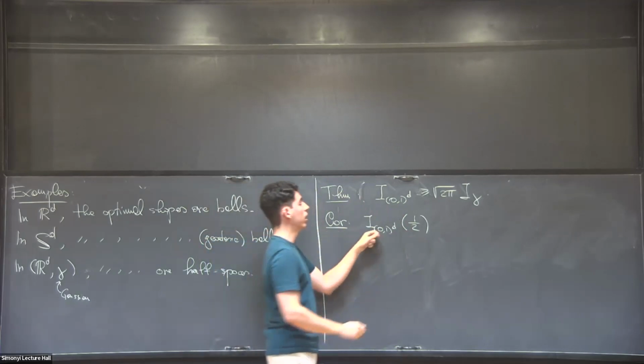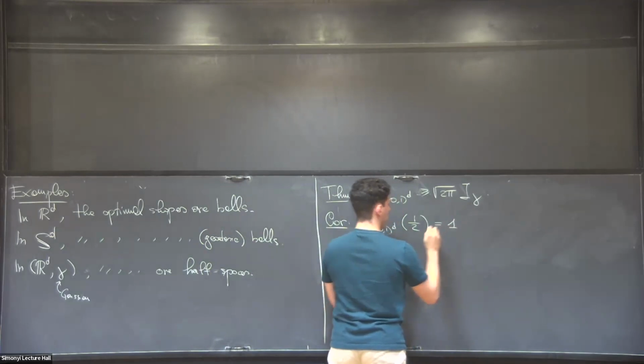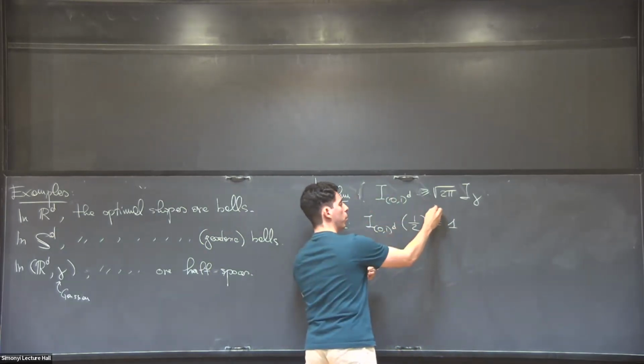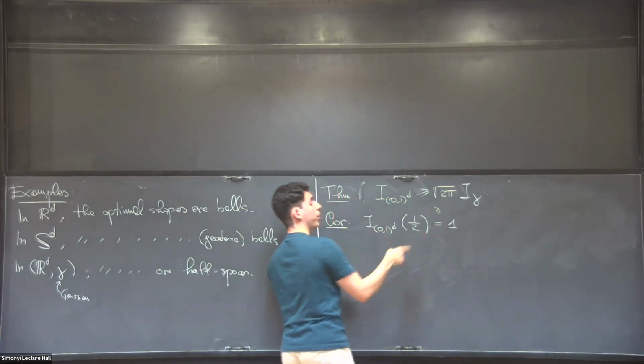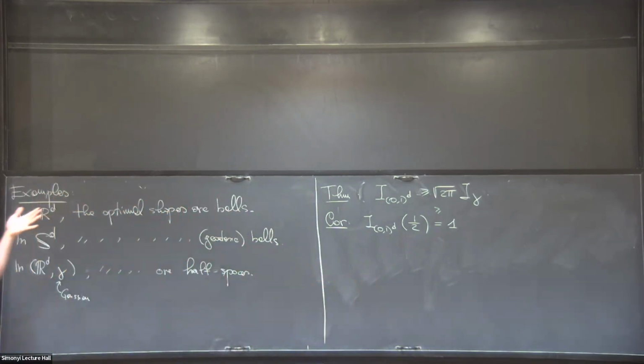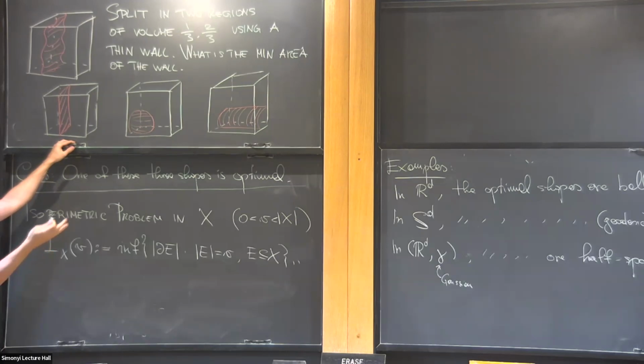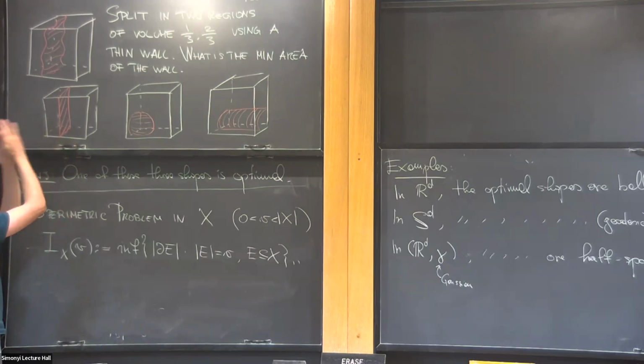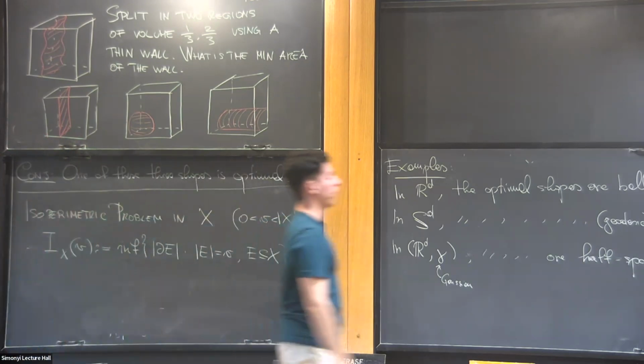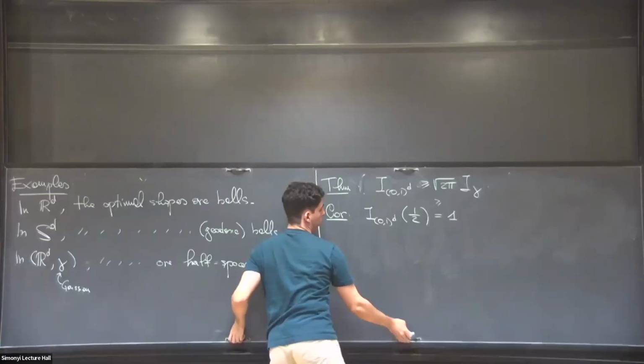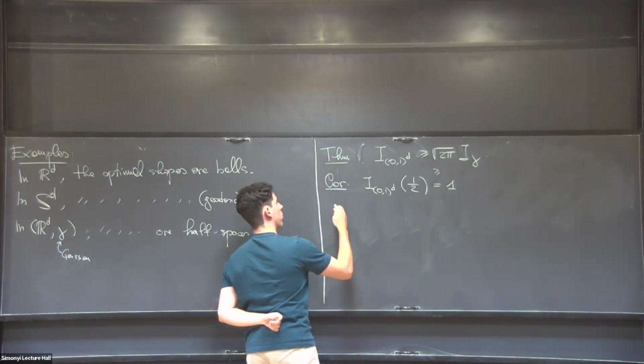This one is equal to 1. So this inequality will give you the lower bound. And for the upper bound, to produce an upper bound for the isoperimetric profile, you just have to produce an example. And it's pretty easy to produce an example: you just split the cube using a flat hyperplane. Okay. And there's another question that one may consider.